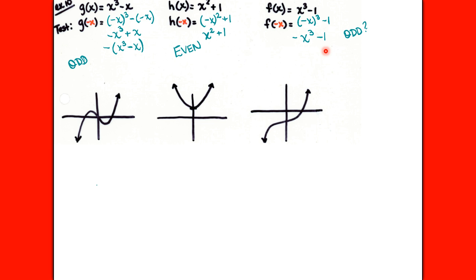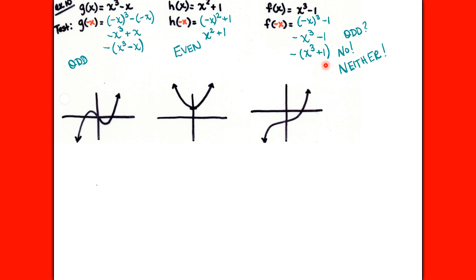Here's why I encouraged you on that very first graph that if you think something is odd, take the extra time to factor a negative out of it to make absolutely sure. Because this looks odd, but if you factor a negative out of that, it becomes clear that it's not the opposite of the exact same function I started with.